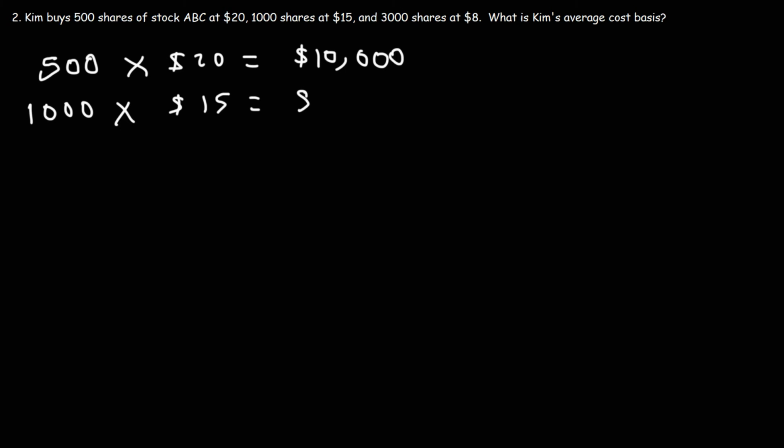So the value of her second investment is $15,000. Now for the third purchase, she bought 3,000 shares at $8. 3 times 8 is 24. So 3,000 times 8 is 24,000.